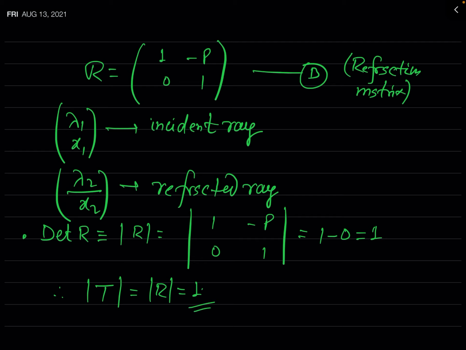So this is the idea of the refraction matrix, and you should remember this matrix, that is R equal to a 2 by 2 matrix whose elements are 1 minus P and 0 1. And in the forthcoming lecture, now we will see the other matrices, that is the reflection matrix and the system matrix.